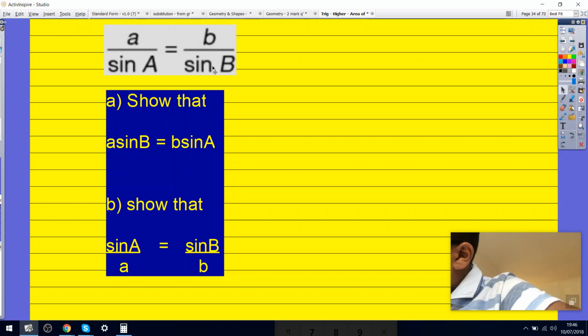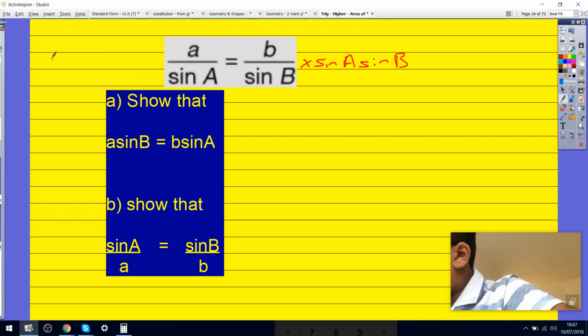So A over sine A times sine B sine A equals B over sine B times sine B sine A. So then we have basically B sine A equals A sine B.